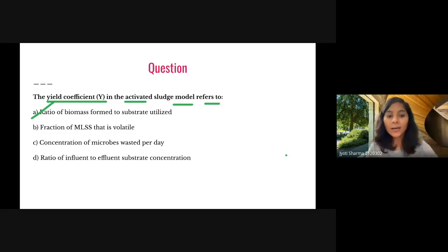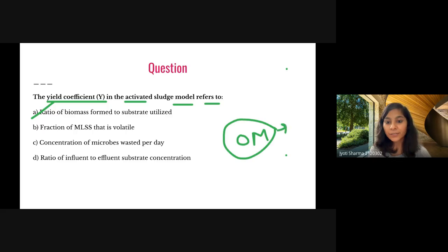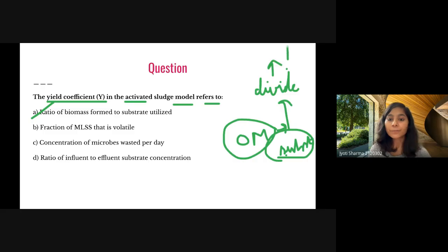Whenever organic matter of your polluted water is taken up by the organisms, right? This organic matter is your substrate, because whenever microorganism gets some substrate, the microorganism will divide and will increase the population.